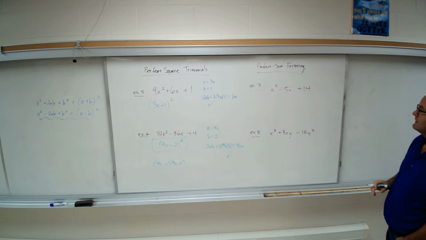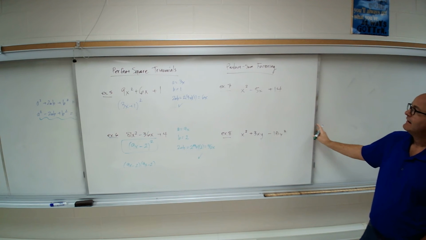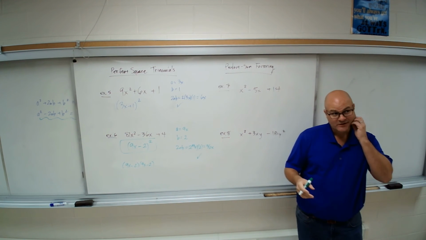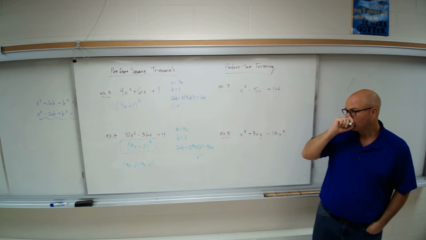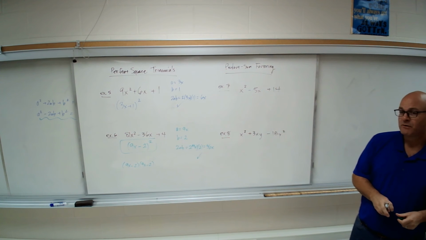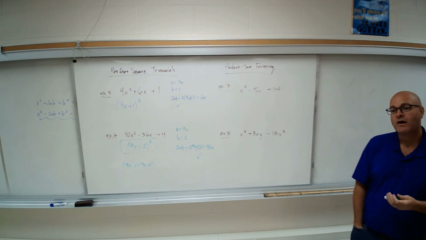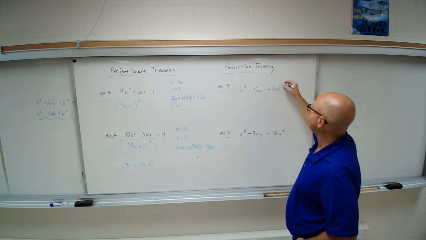It's fine. All right, the last thing we want to look at today is product sum factoring. This is just sort of your basic factoring, I think, especially the first one. The second one I threw a little bit of something different in there. But here we just have x squared minus 5x plus 14. So this is the one where you take the constant term, or the right-hand term.